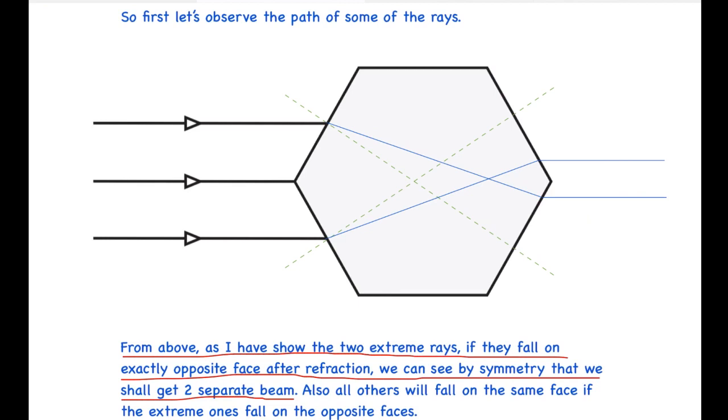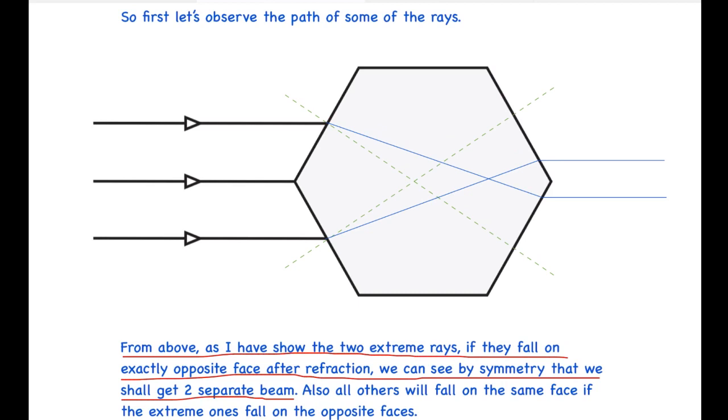So finally the final ray will come out parallel to the initial ray. If the ray falls on this face, from this face falls on this face, it emerges out parallel to the original ray. But if it comes out somewhere on this face, we cannot say where it will go. It won't necessarily be parallel to the original ray.